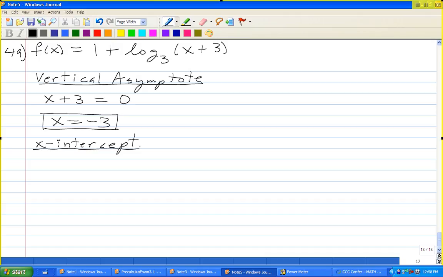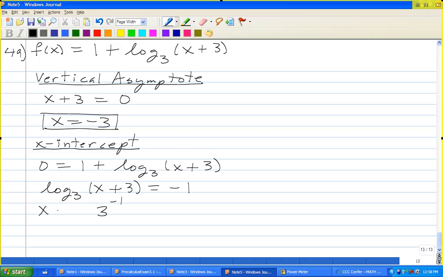Let's set y to 0 and solve for x. Subtract 1 from both sides of your equation. So the log base 3 of x plus 3 is -1. Rewrite this in exponential form. The base is 3, the exponent is -1, and the result is x plus 3.